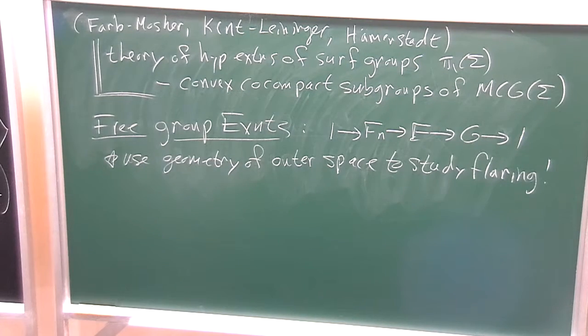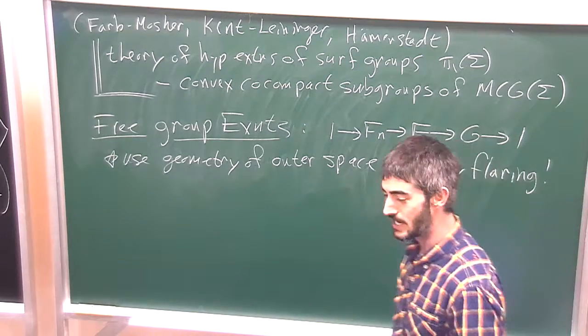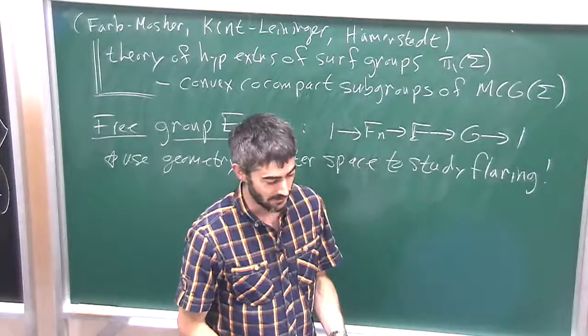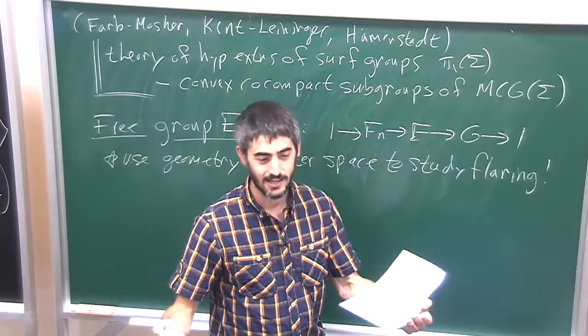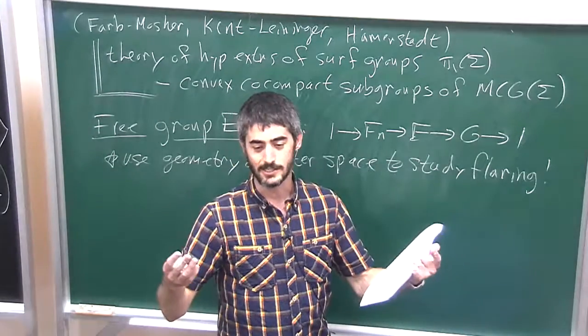Which I think we're well set up to understand. If you think back to the other class this morning, over the last couple of days, Jing was telling us about Teichmüller space, Teichmüller geometry, and in particular about Teichmüller geodesics. And how did Teichmüller geodesics arise?